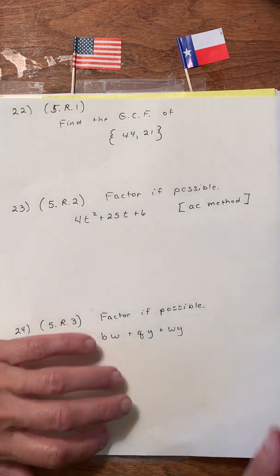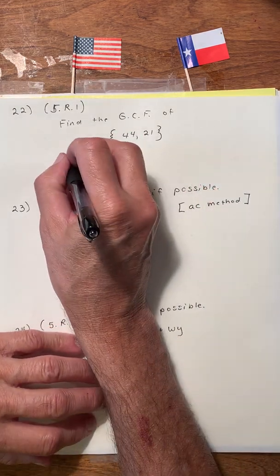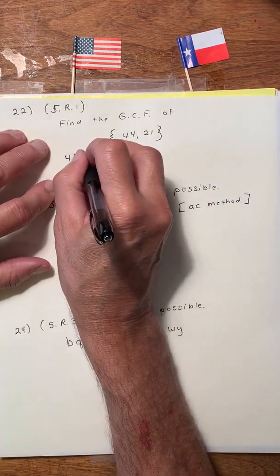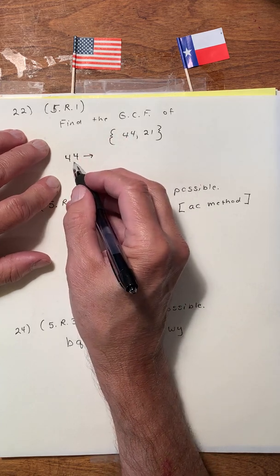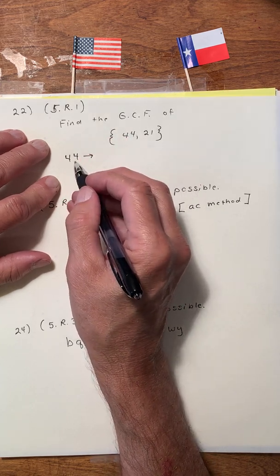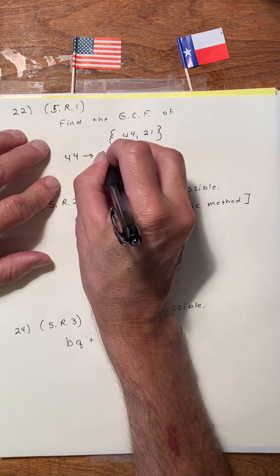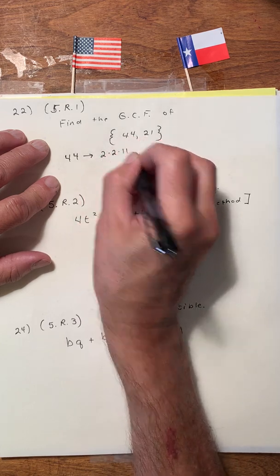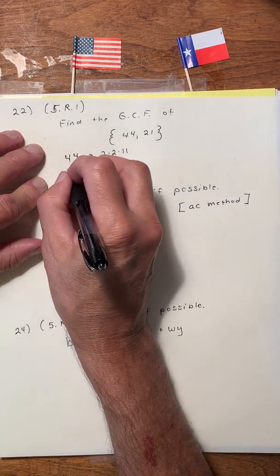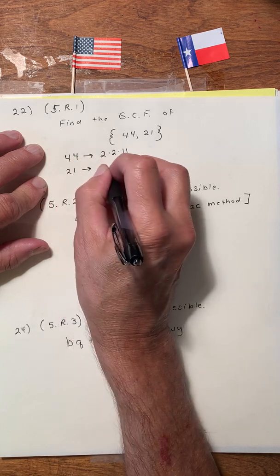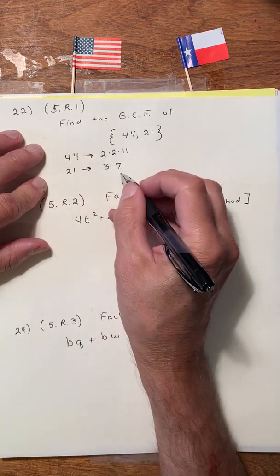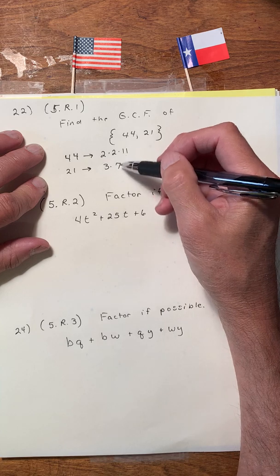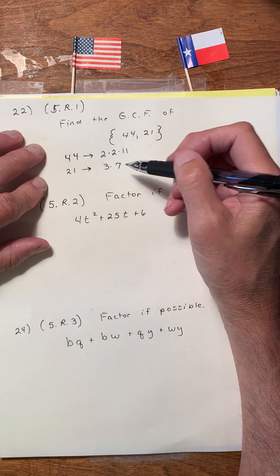Again, greatest common factor of 44 and 21. All right, let's factor these guys out, list their factors. 44 is 4 times 11, but 4 is 2 times 2, so 2 times 2 times 11. There's the prime factors. 21 is 3 and 7. Look for what they have in common. Nothing.